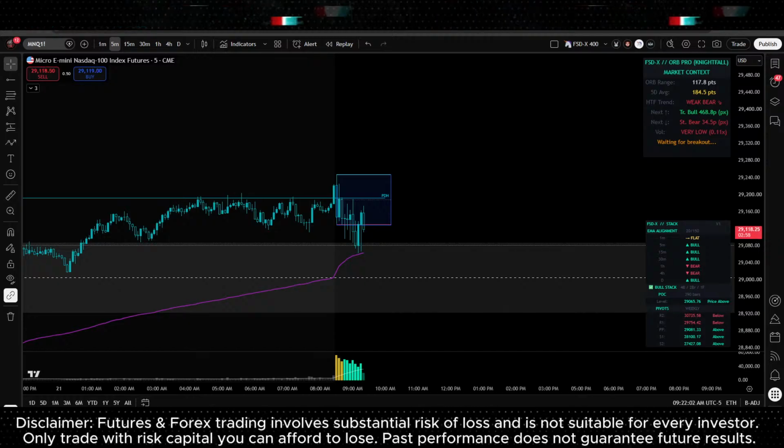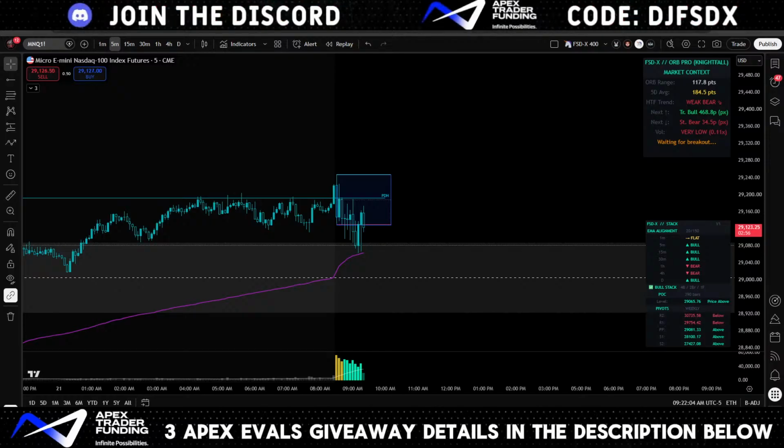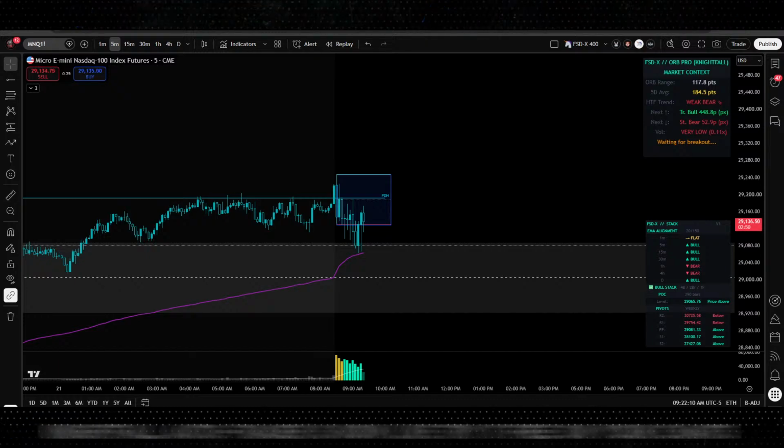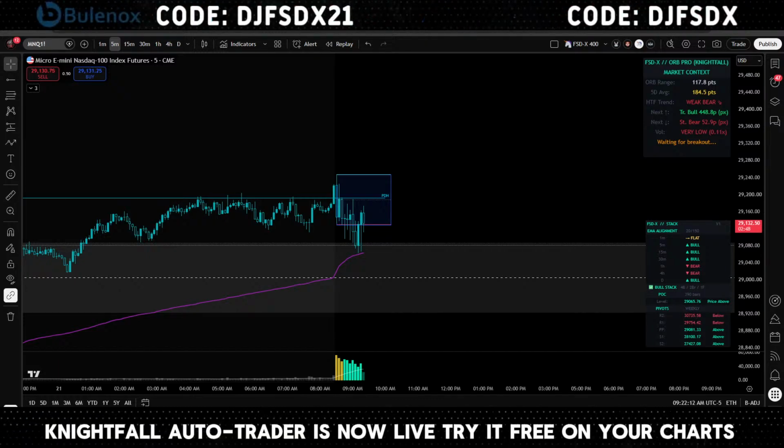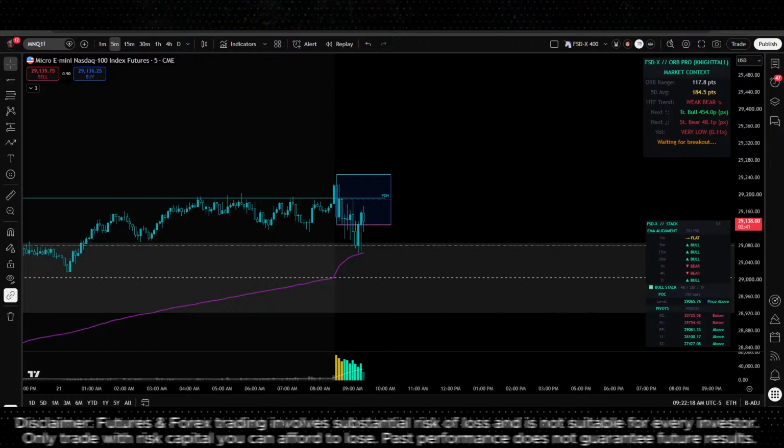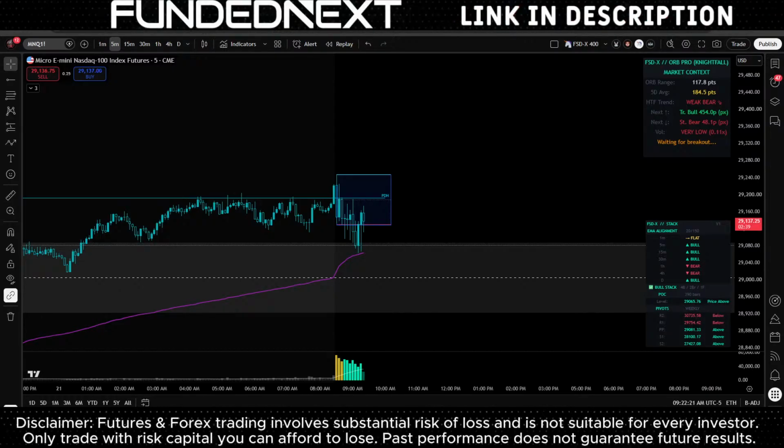All right, we're breaking out again. We didn't even get the midline. Let's see, we've got about 3 minutes left. If we come to previous day high and we don't break, it's going to be a chop fest, probably to the afternoon.